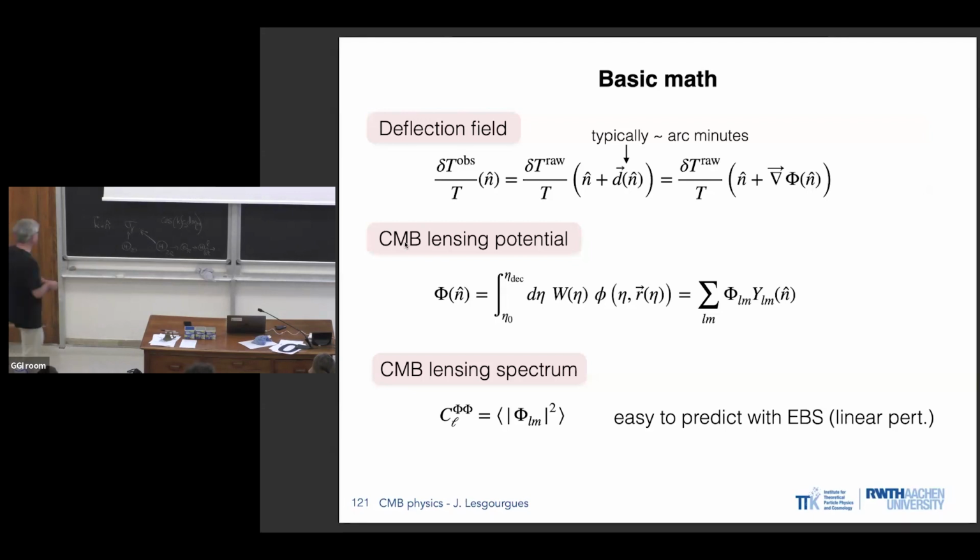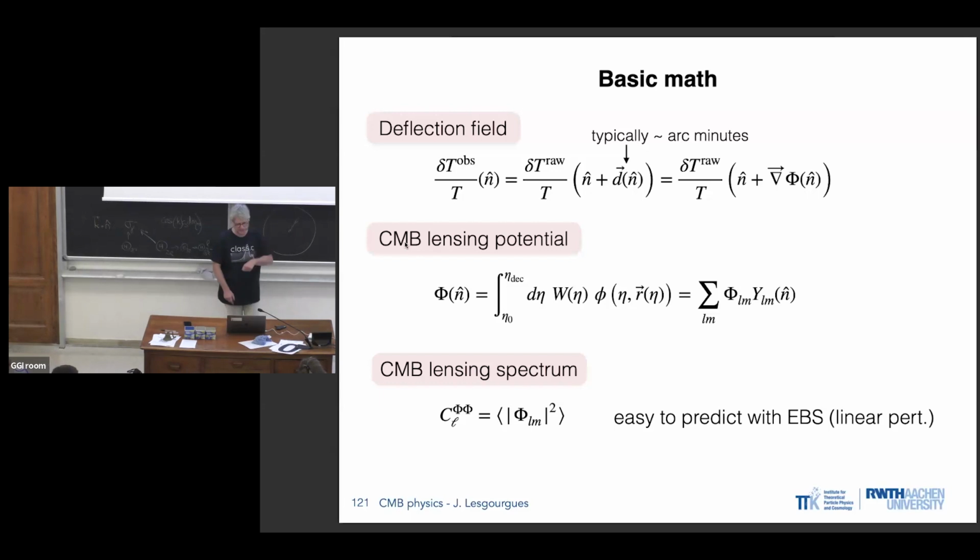What we assumed so far in all the previous description was that between the last scattering surface and the observer, the photons travel exactly in a straight line. We neglected the lensing effect. This was not so stupid because we were trying to look at linear perturbations of temperature and polarization, which are already very small. Lensing is caused by metric fluctuations, which are also very small.